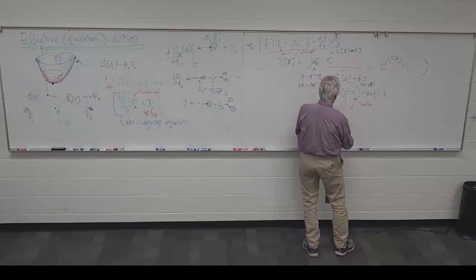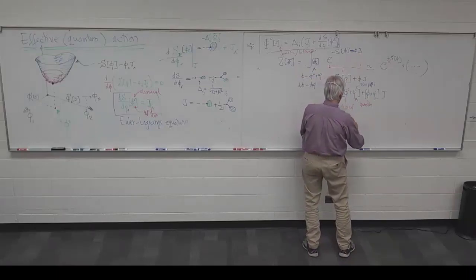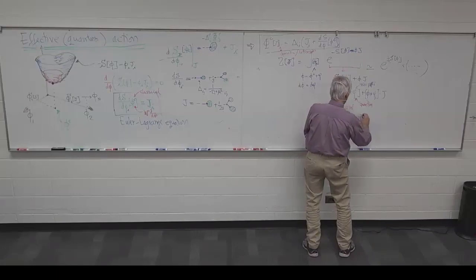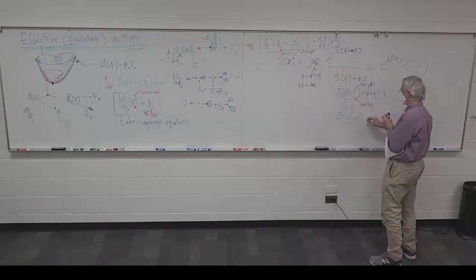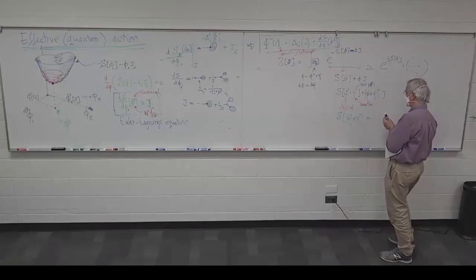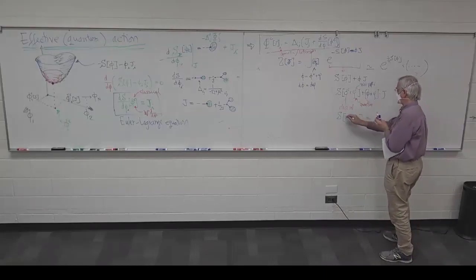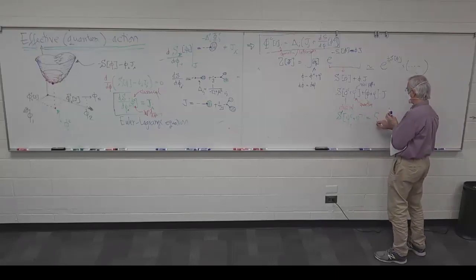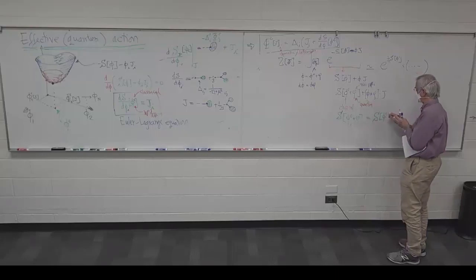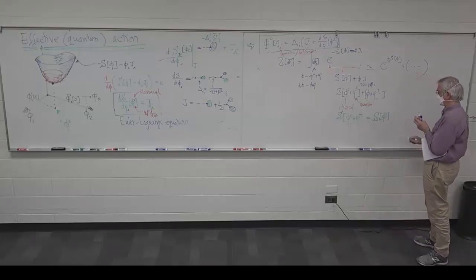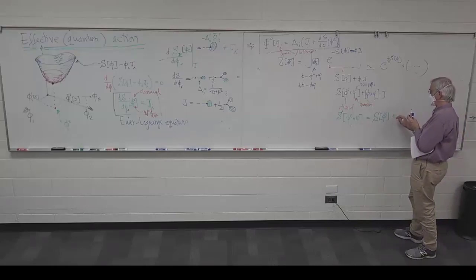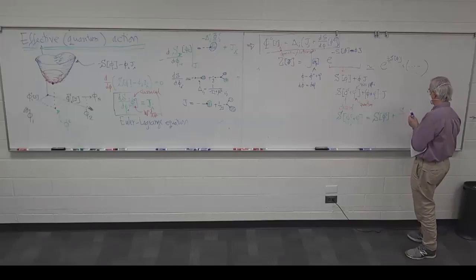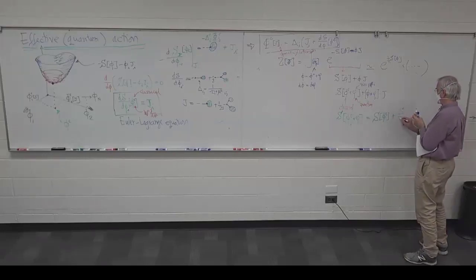If I expand this around the classical term, then I get the value of the action for the classical solution, phi c, plus the first derivative of the field.